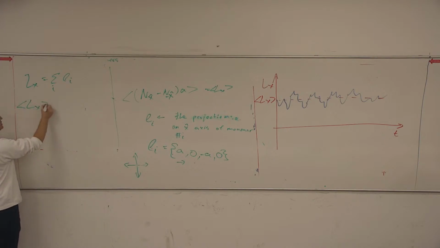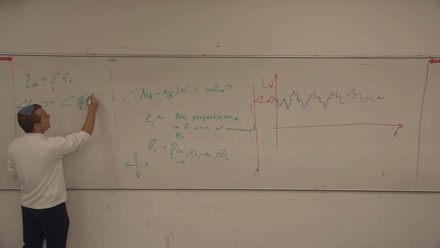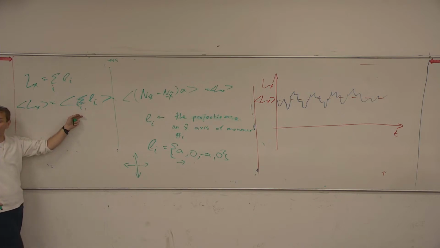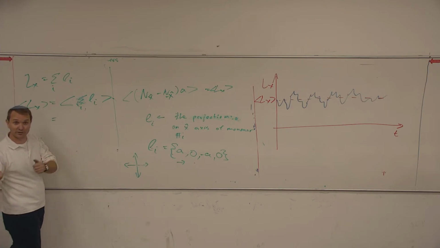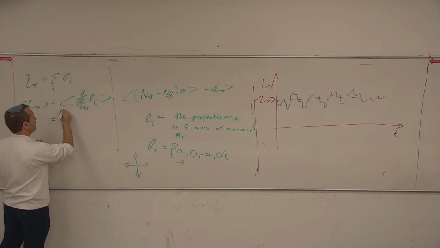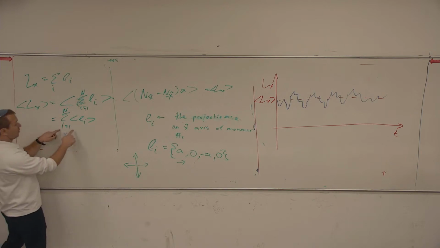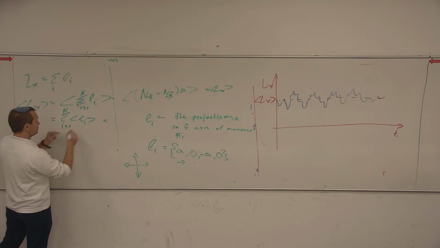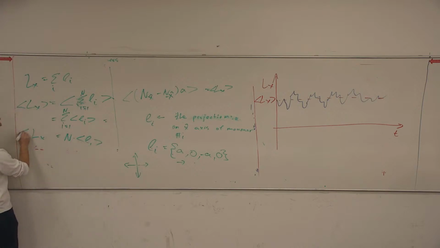So Lx average is the average of a sum over i of Li. The average is a linear operator, so the average of a sum is a sum of averages: a summation over i from 1 to n of the average value of Li. They are completely independent, so this is simply n multiplied by the average of L1. This is Lx average.